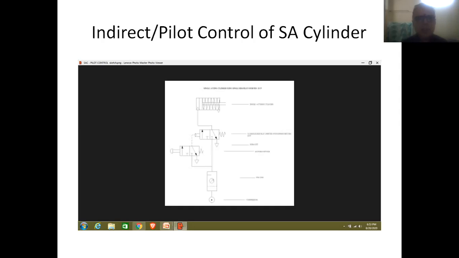So friends, this is the arrangement of this particular circuit. Here firstly we can see the arrangement of a pilot valve. Three ports are made inside the body of the pilot valve, so it is referred to as a three-way valve.